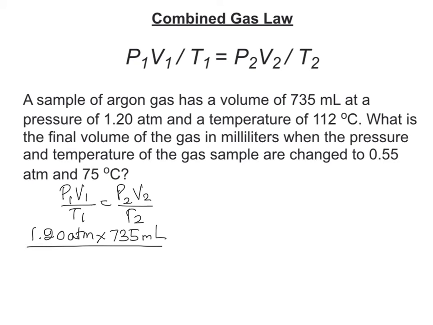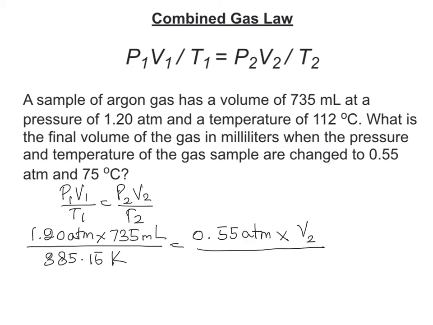The starting temperature is 112 degrees Celsius, that is 385.15 Kelvin, is equal to final pressure is 0.55 atm times the final volume is what we have to calculate, and then the final temperature would be 348.15 Kelvin.